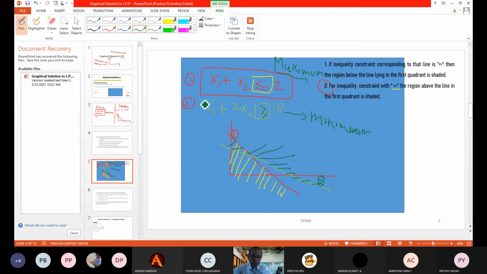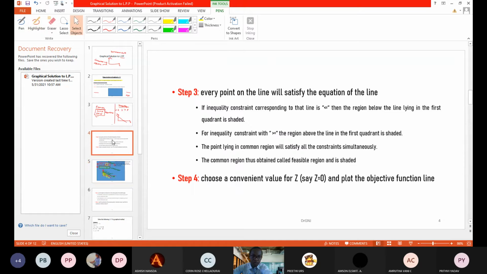When you plot them, they will be like this. For the maximum, it will be above the line. For the minimum, it will be below the line. I can shade like this, below the line. That's point number 3.